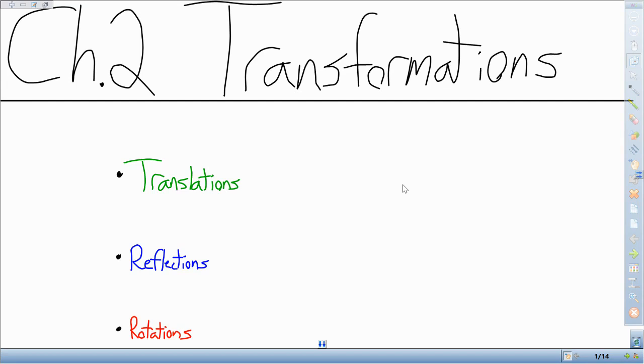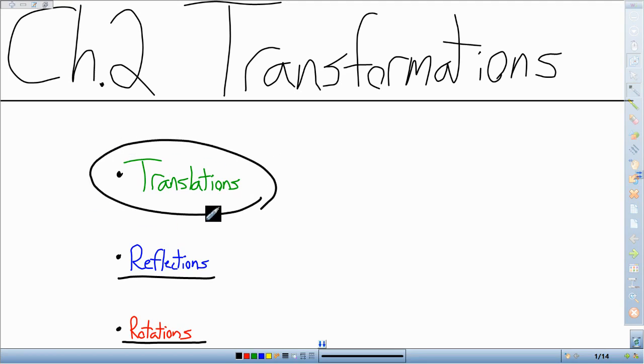The first one we're going to be looking at today is what is called a translation. You'll get an idea of what that means. And then eventually we're going to be looking at reflections, and after that, what are called rotations. All three of those things are considered different transformations. So if you hear that word, that's what we're talking about. But today is all about translations.